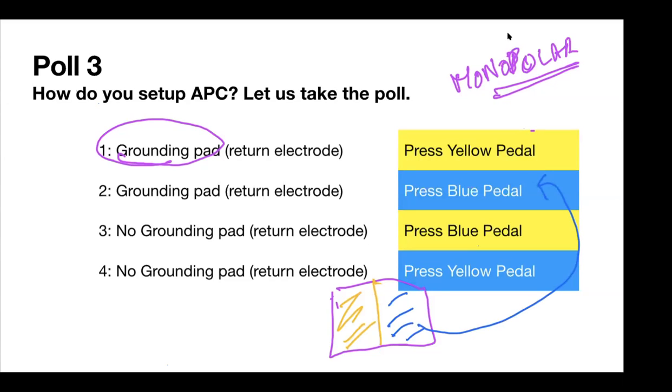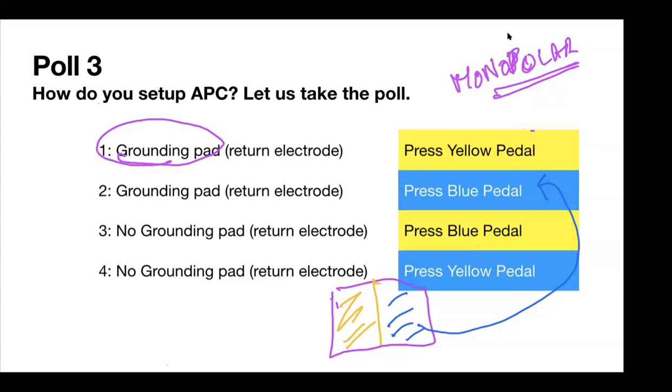I think a lot of trainees can get confused about what pedal to use, whether to use a grounding pad or not. Do you want to talk about situations where you need a grounding pad or no grounding pad? We have several different instruments that are used for thermal therapy.